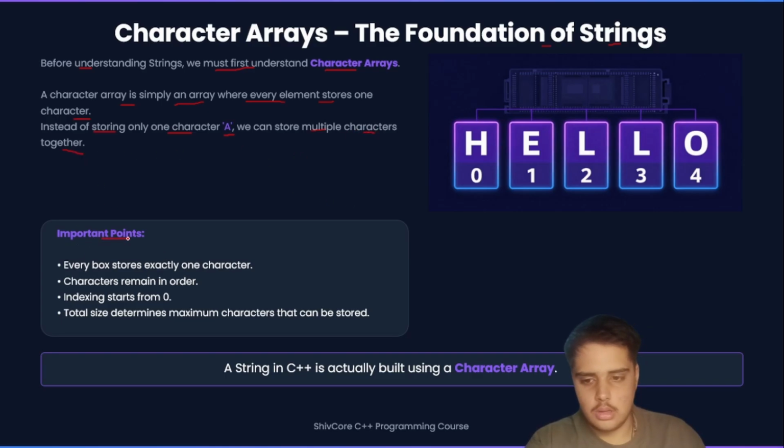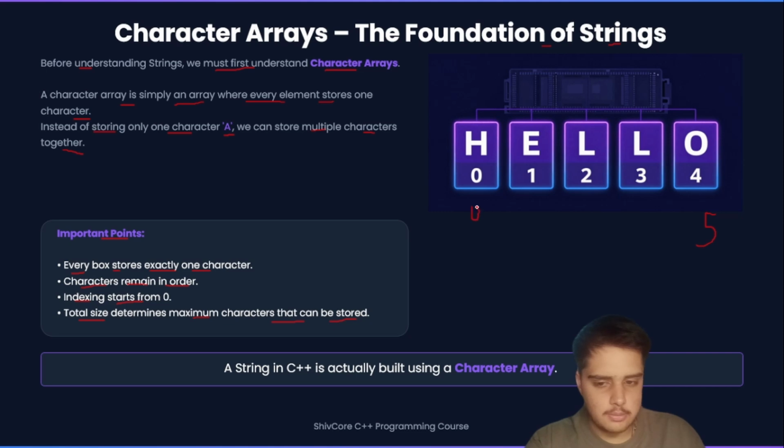So, important points: every box stores exactly one character. Characters remain in order. Indexing starts from 0, and the total size determines the maximum characters that can be stored. So here the total in the image is 5 characters.